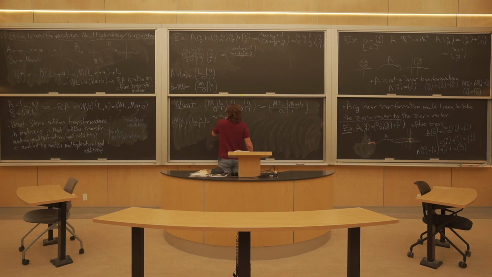This really is M11, M12, M21, M22, B1, B2, 0, 0, 1 multiplied by L11, L12, L21, L22, A1, A2, 0, 0, 1.